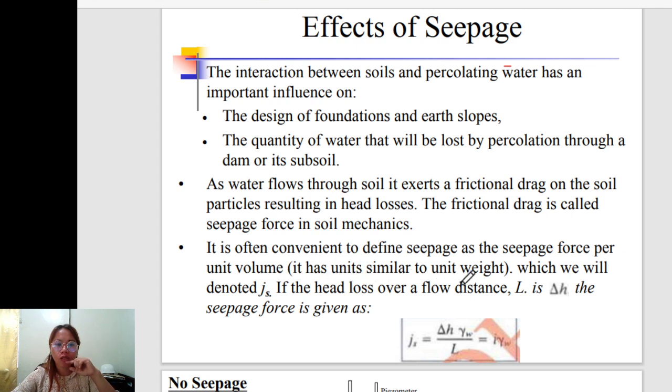It has units similar to unit weight, which we will denote as J sub S. If the head loss over a flow distance L is delta H, then the seepage force is J sub S equal to delta H over L. This is the hydraulic gradient I, if you remember, times the unit weight of water, so it is also equal to I times gamma sub W. So this is the seepage, the interaction between soils and the percolating water.